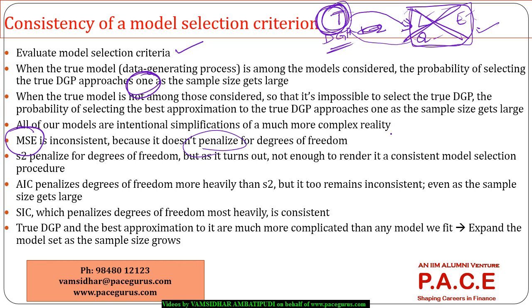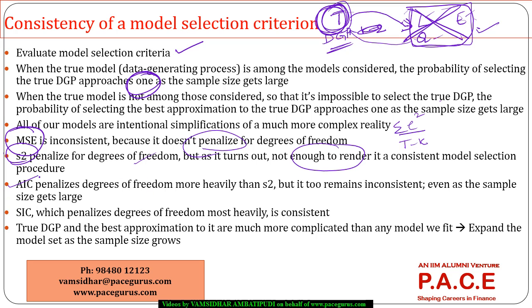There is no way we are changing the value based on the degrees of freedom or the sample size. But if you look at S squared, error squared divided by T minus K, there is a penalty for degrees of freedom. But that kind of penalization is not enough to render it consistent.